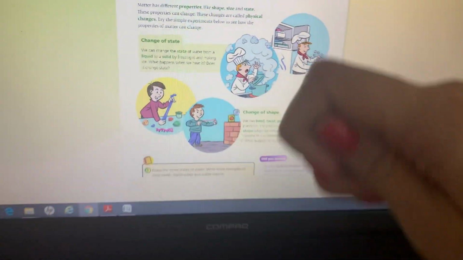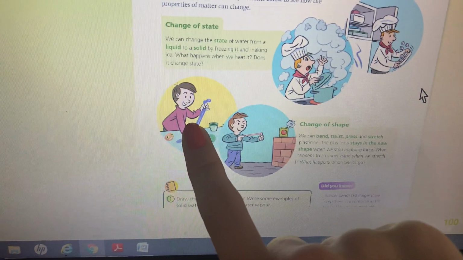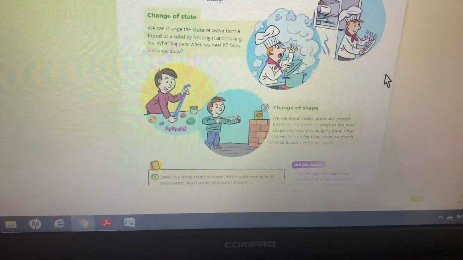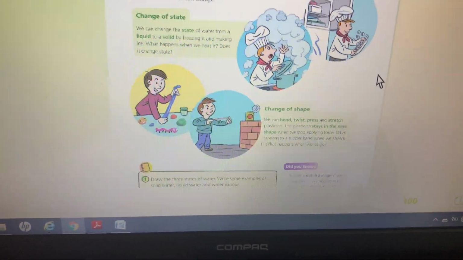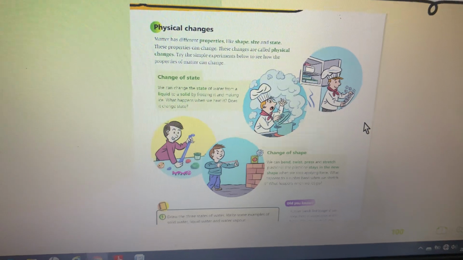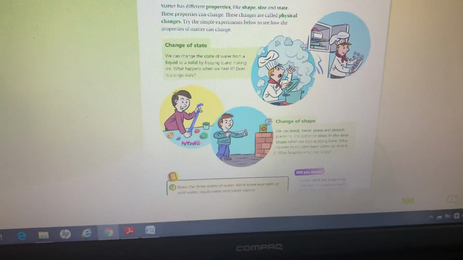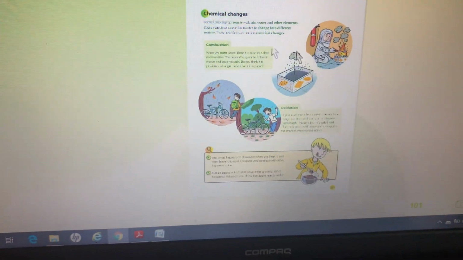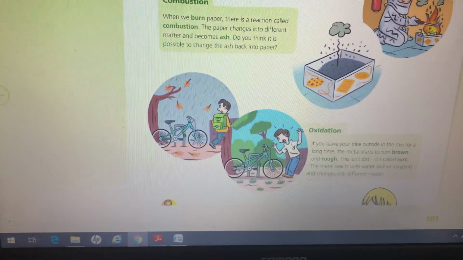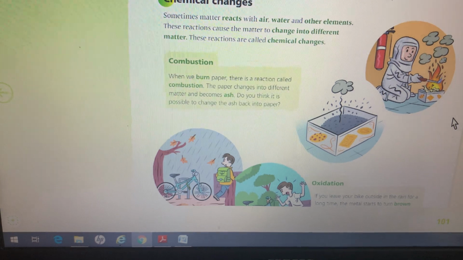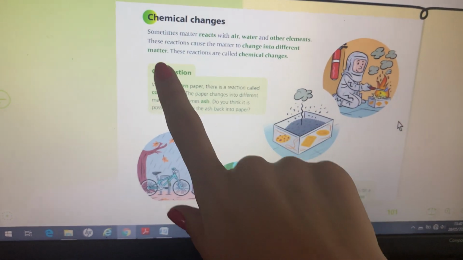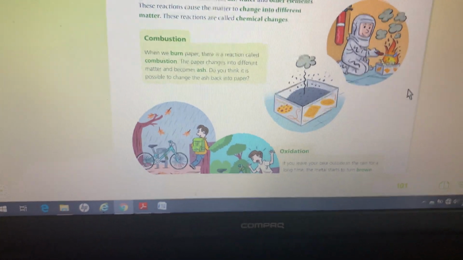You can bend it, or plasticine, you can twist it, you can play with it, and it's going to change the shape, but it's the same matter, okay? But in chemical change, the difference is that the matter is not the same, it changes. And we have studied two processes, combustion and oxidation.